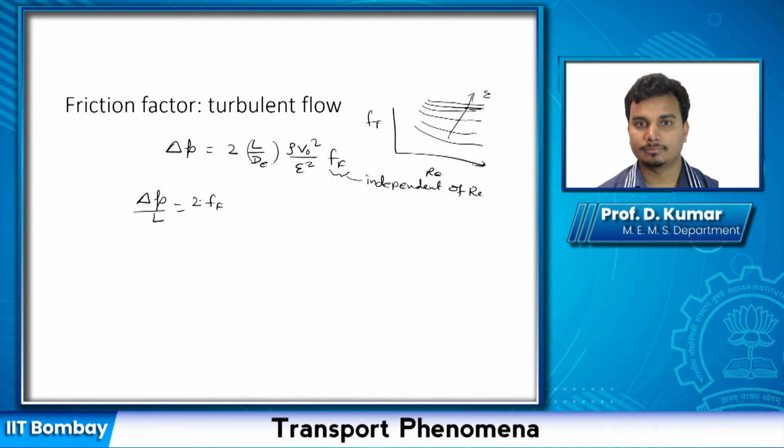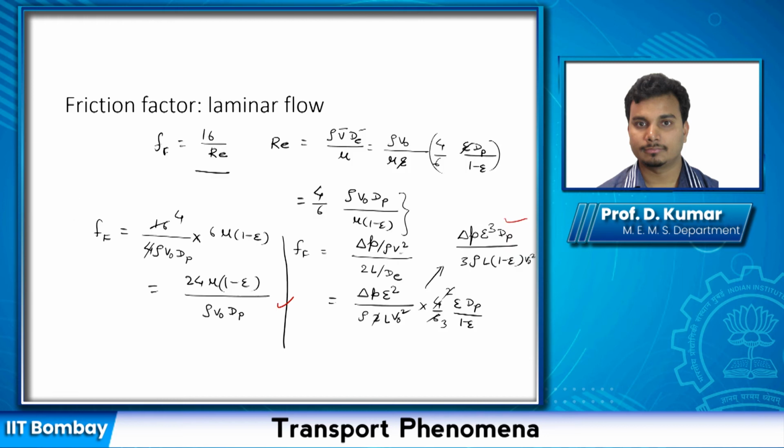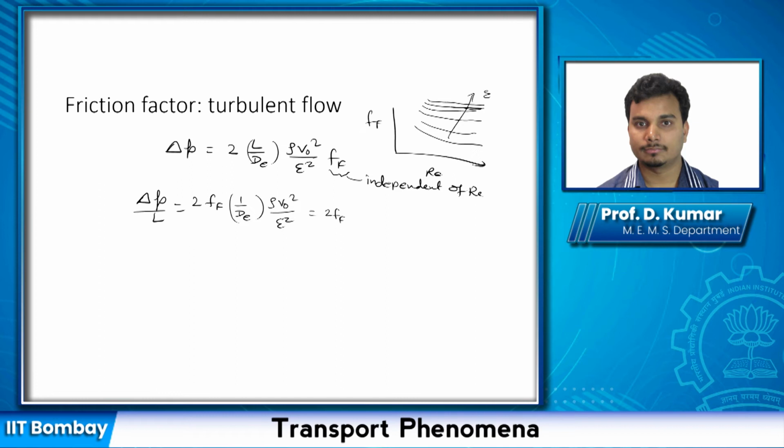So 2 ff, and this becomes 1 by De, rho V naught square by epsilon square. So ff we got here. Now 1 by De can be written based on our discussion, which we have used here for the factor De. So 1 by De will be 6 times 1 minus epsilon.